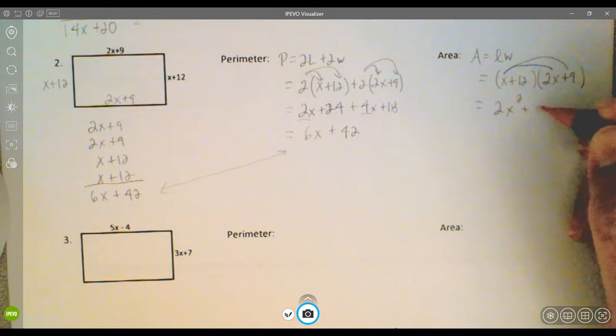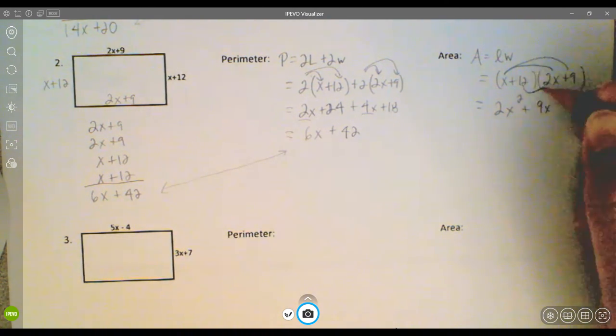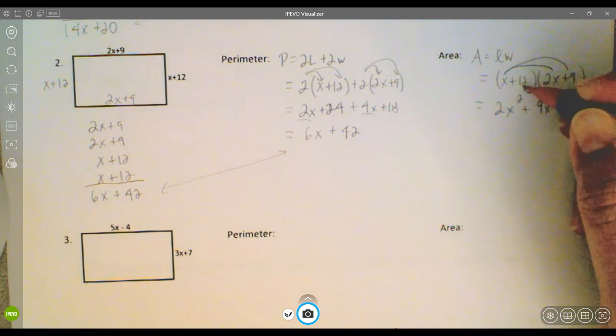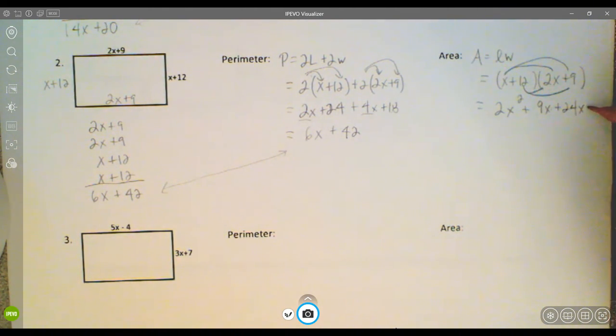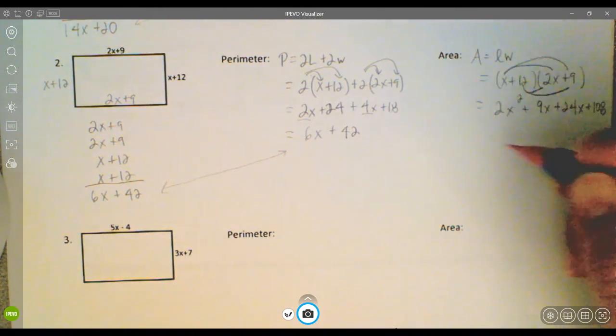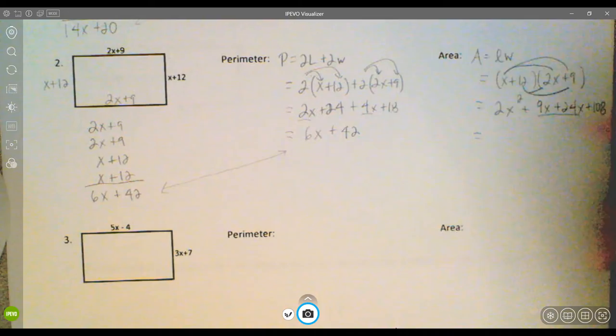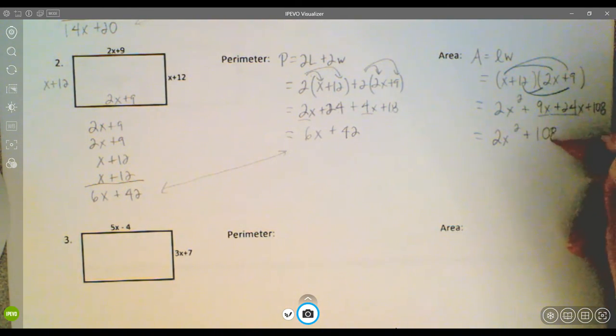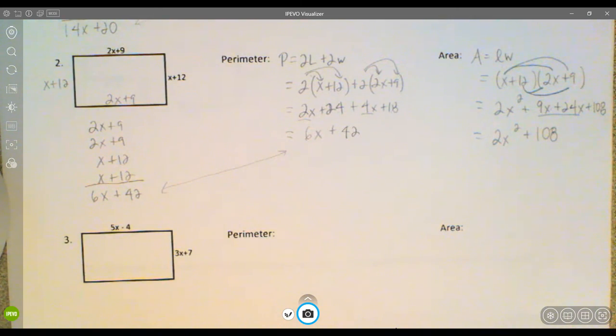Outer times outer is 9x. Inner times inner is 24x. And then last times last is 108. So my like terms are here. I'm going to get 2x squared plus 33x plus 108. And that's how I find the area.